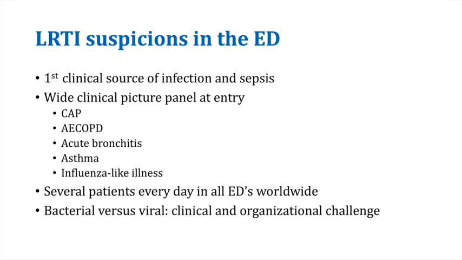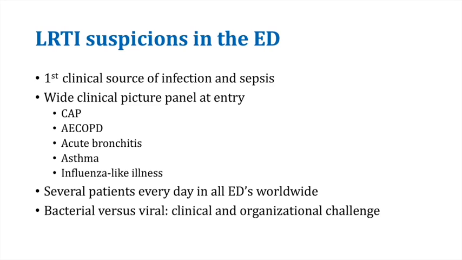What is a lower respiratory tract infection suspicion in the emergency setting? As you know, it's the first clinical source of infection and sepsis. But the clinical pictures are very wide at entry to the emergency department.